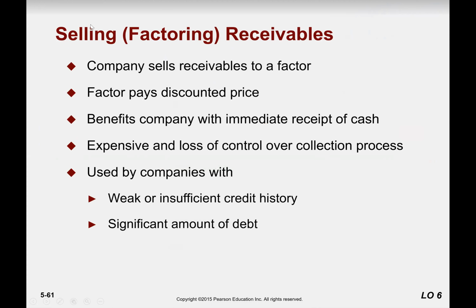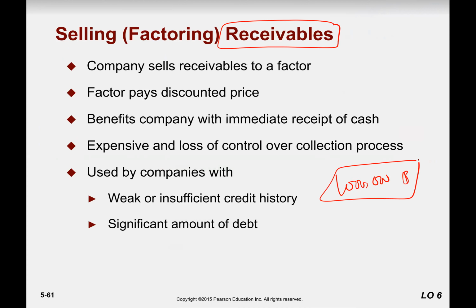Now another terminology that is very popular these days is called factoring, which means selling your accounts receivable. If you have $1 million of accounts receivable, there are different companies, collection companies. You call them and tell them, okay, look, we need money right now.